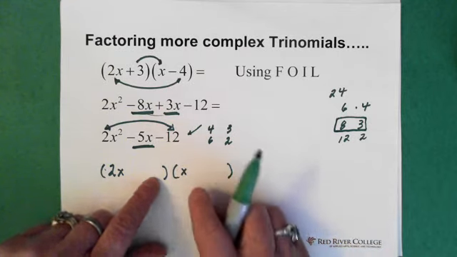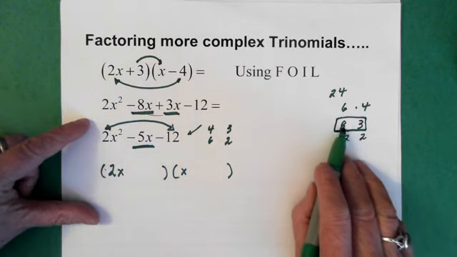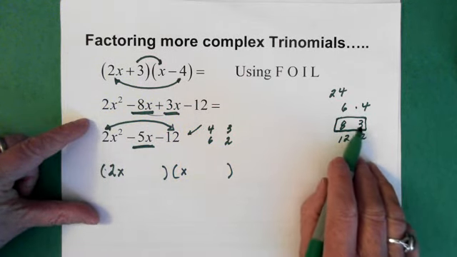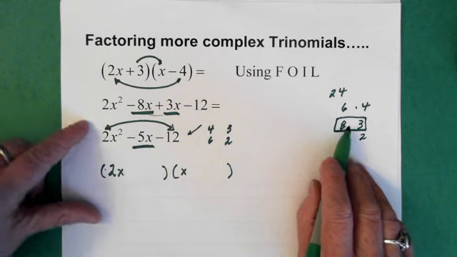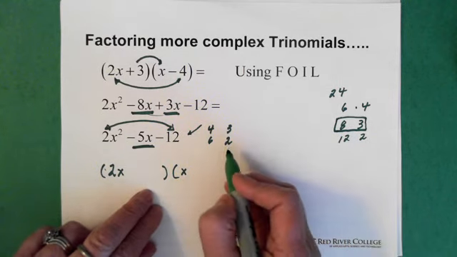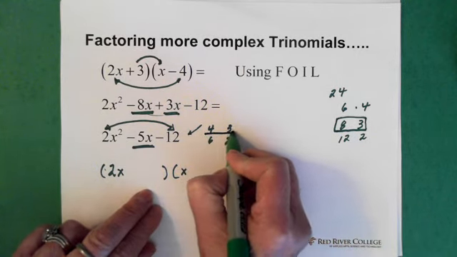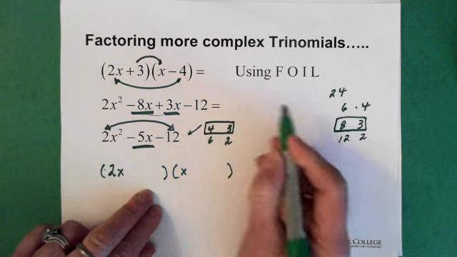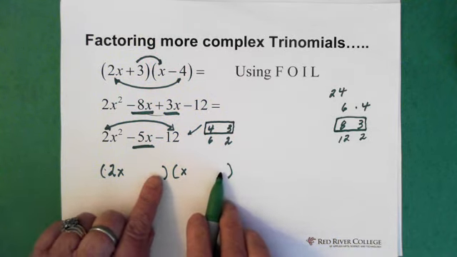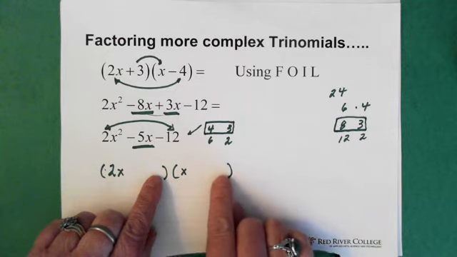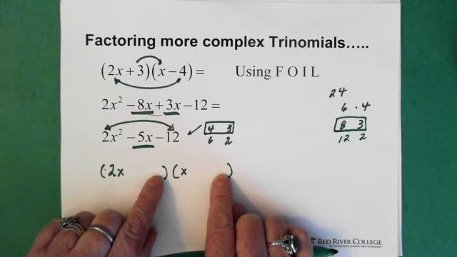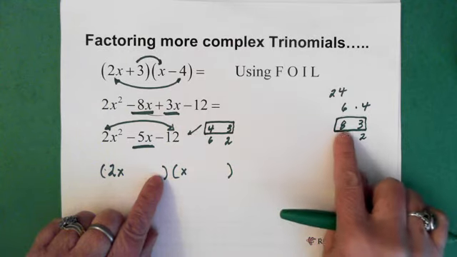All right. So I want these two to add together to give me the 5. And I'm going to use these two for the numbers that will go here. Now I have to decide, where does the 3 go and where does the 4 go? Well, I want 8.